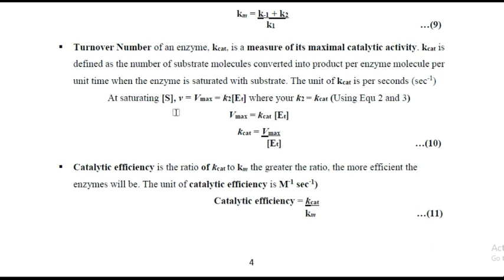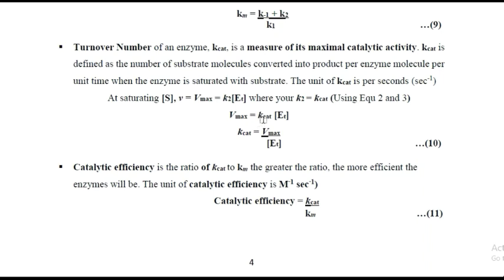So we substitute it into our maximum velocity, which is Vmax equals K2 multiplied by total enzyme concentration. What we just do is replace the K2 with Kcat, which means that during maximum velocity, maximum catalytic activity takes place.